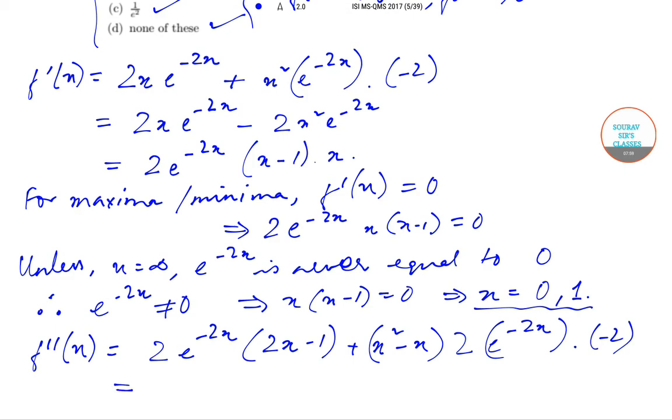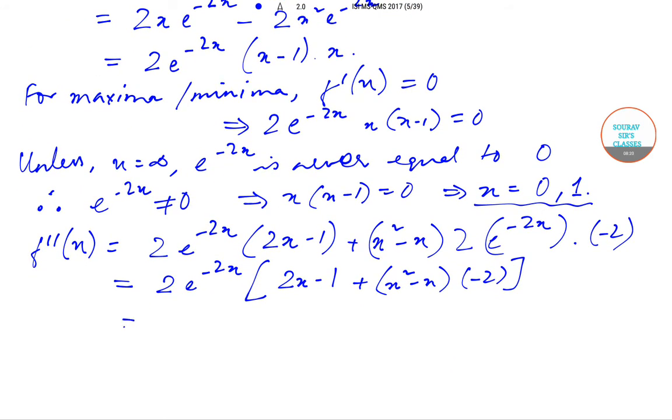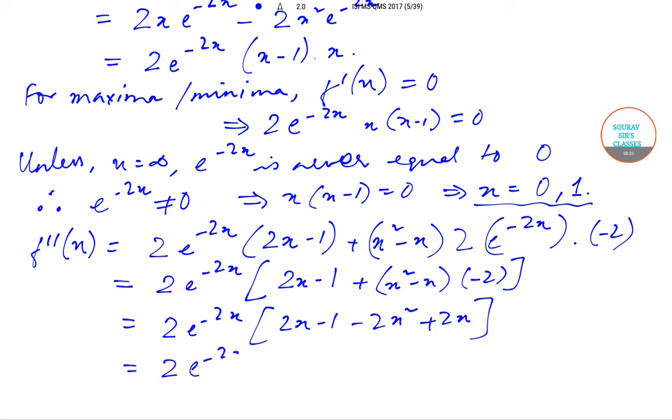If we take 2 e to the power minus twice x common, then this comes down to twice of x minus 1 plus x square minus x into minus 2. So we can write it as 2 e to the power minus twice x into minus 1 minus of 2x square plus twice x, and this is equal to 2 e to the power minus twice x into 4x minus twice x square minus 1.